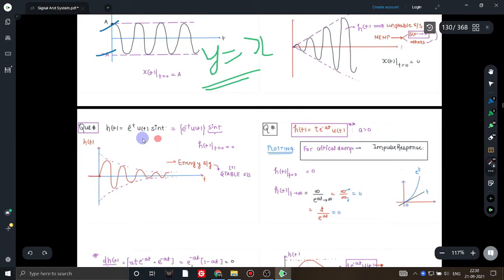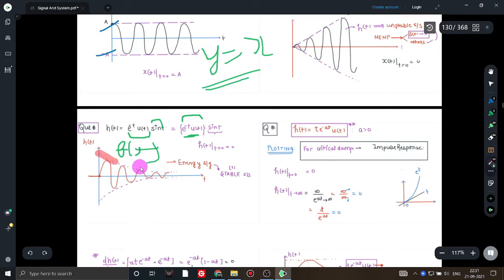Another example, this is the function f(t), and this is the sinusoidal signal. Now we draw the graph of e power minus t u(t), just like this.